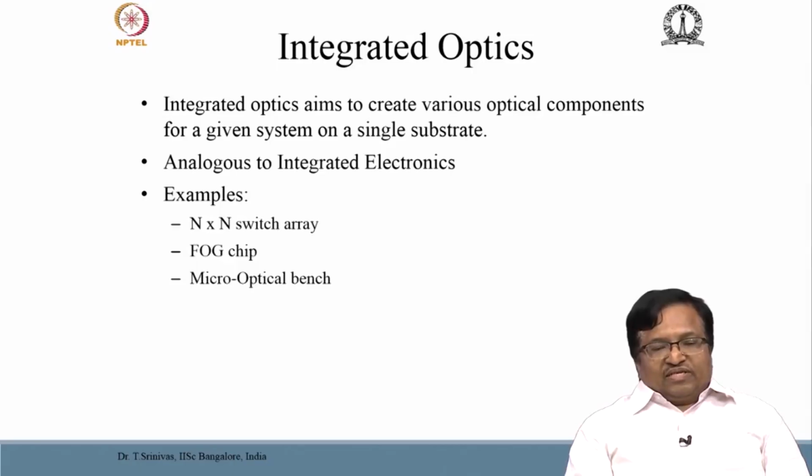So, you can say that integrated optics is analogous to integrated electronics, where the main aim is to create various optical components necessary for a given system on a single substrate. There are several examples in use today, like n by n switch matrices, chips for the fiber optic gyroscope, and even a micro optical bench where all the optical components were built on a single silicon wafer.